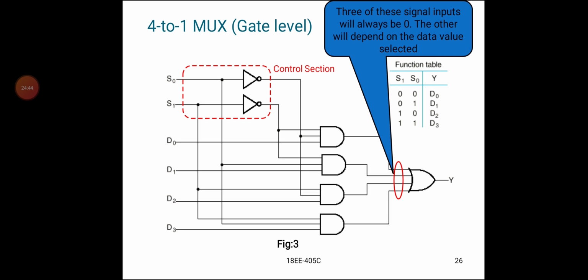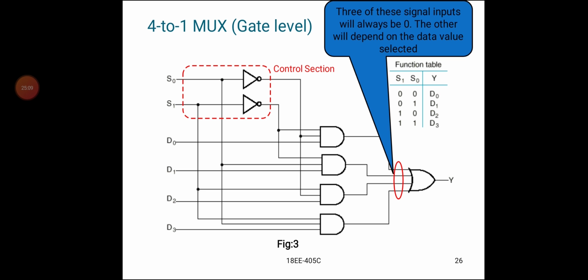So for the 4 into 1 mux at gate level, the function table is shown in the truth table, with S0, S1 and output Y. If S0 and S1 are 0 0, D0 is connected. If it is 0 1, D1 is connected. 1 0 means D2 is connected.